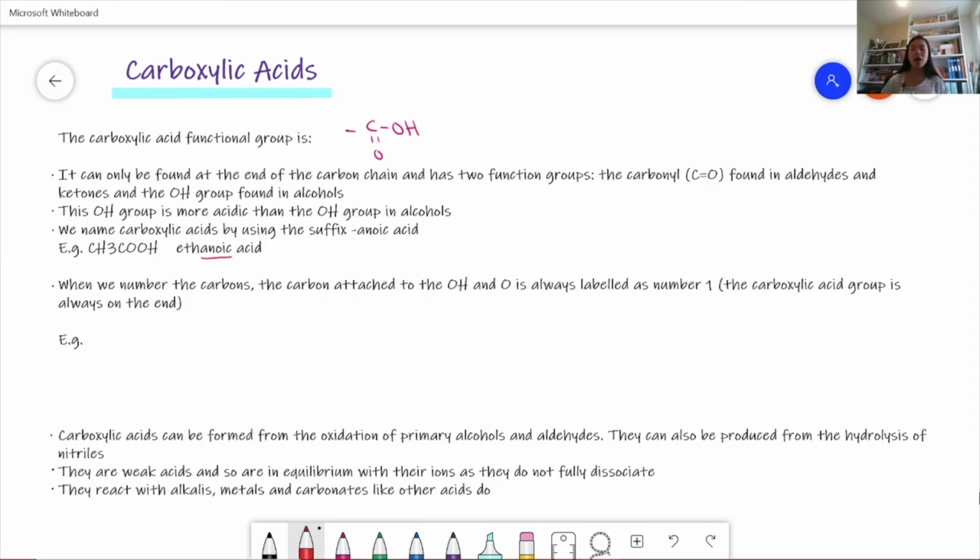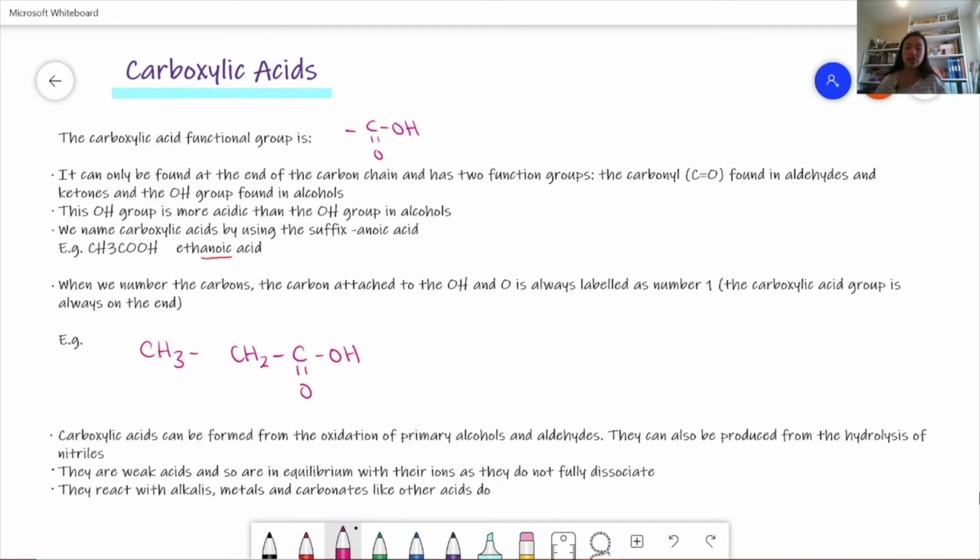When we number the carbons, the carbon attached to the OH and the O is always labelled as number 1. That's the convention. So the carboxylic acid group is always on the end. For example, say we have a molecule that looks like this. We've got CH3, CH2, CH2, and then C double bond O, OH.